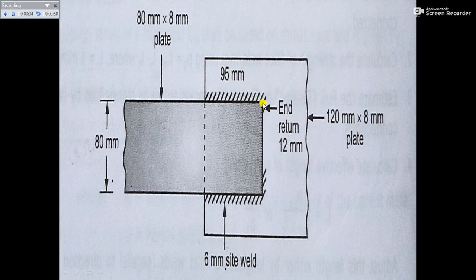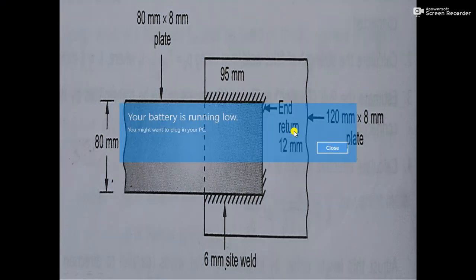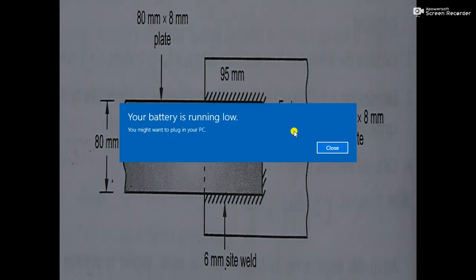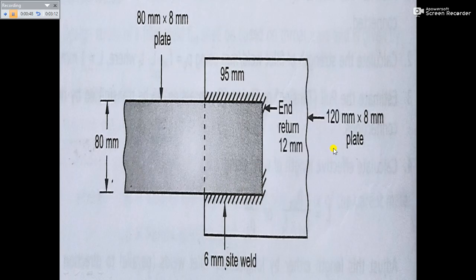We provide this 12 mm end return to strengthen the welded connection. So this is the actual figure after calculating the lengths for the problem. Next lecture we will see other problems. Okay, thank you.